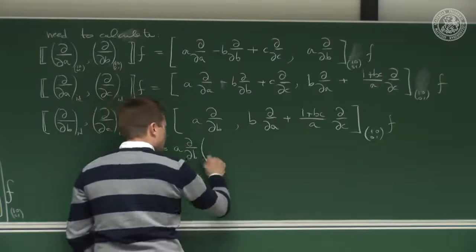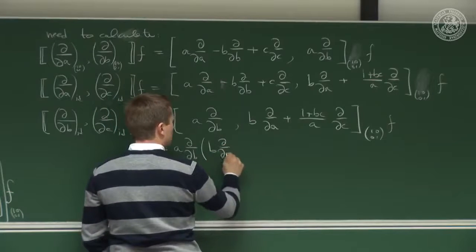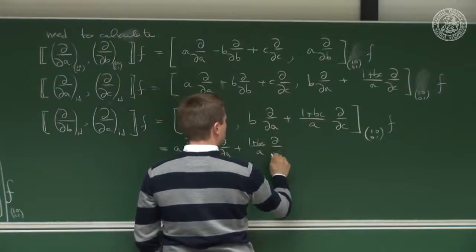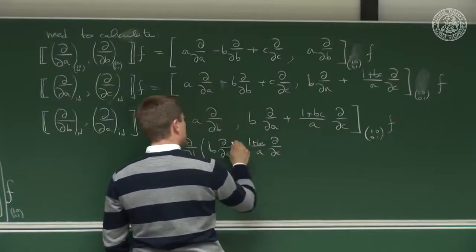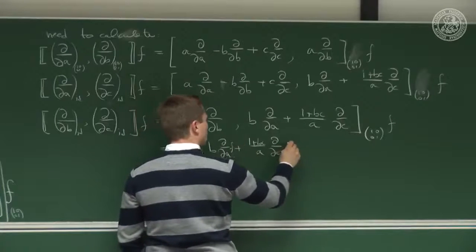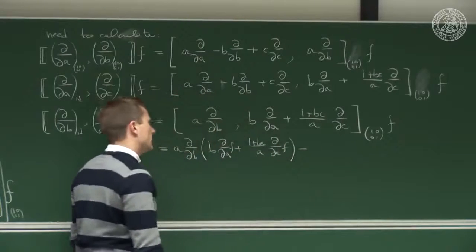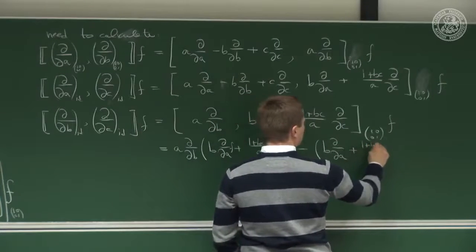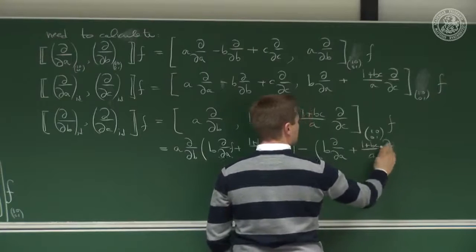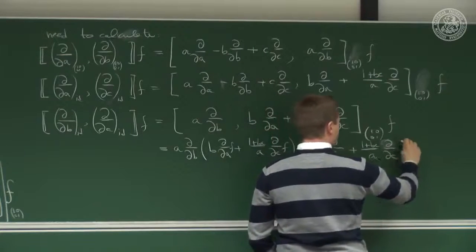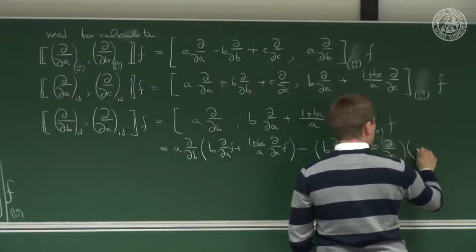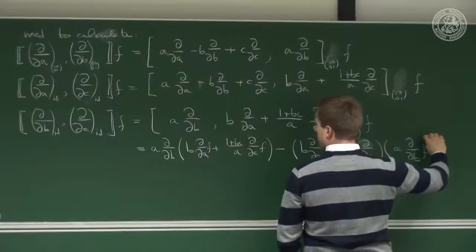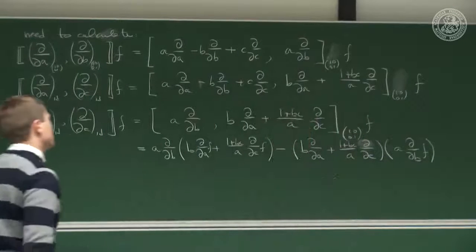A d by dB of B d by dA plus 1 plus BC over A d by dC, acting on F, so I can immediately write the F here, F, minus the other way around is B d by dA plus 1 plus BC over A d by dC, and this acts on A d by dB on F. Yes, that's right. So that's this guy.